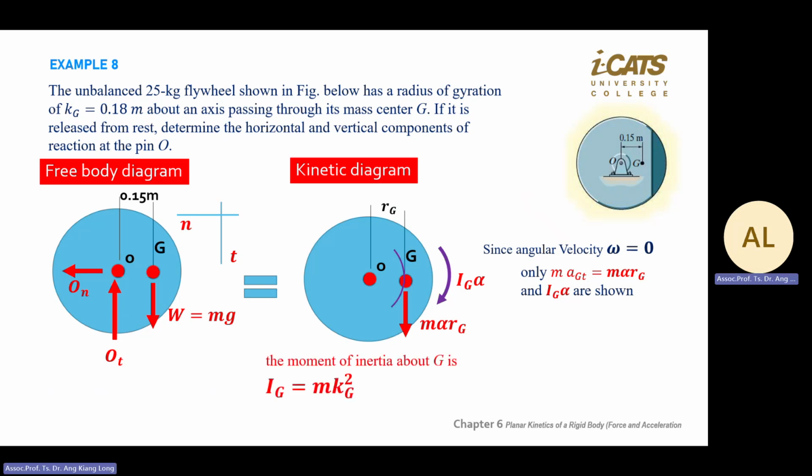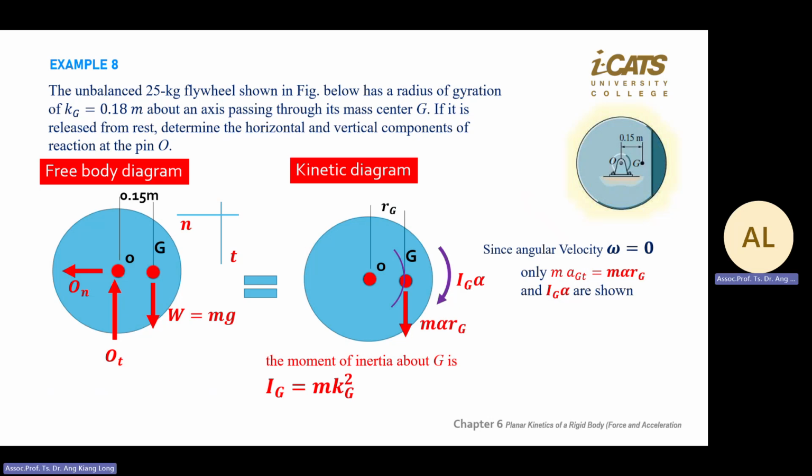So, a new formula for today. If you are given the gyration, the radius of gyration parameter, kg, straight away you use Ig equal to mk square. I skip the derivation for this. If you're interested, you can go online and look for it, but that is not the focus of dynamics. It's just the application of this equation.